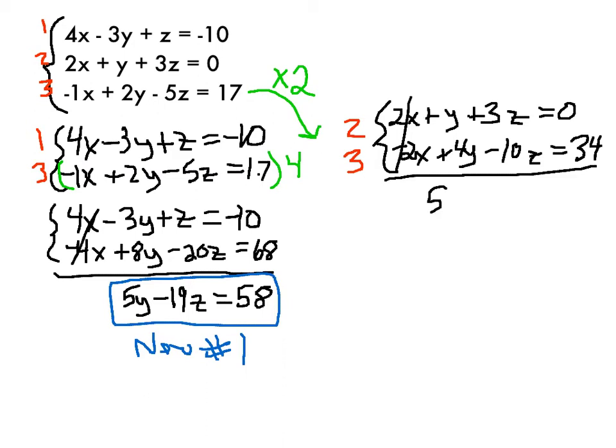I'll be left with 5y. 3z minus 10z is a minus 7z. Let me erase that and write it a little bit clearer. This is a minus 7z. And 0 plus 34, that's a 34. I'm going to label this my new number 2.